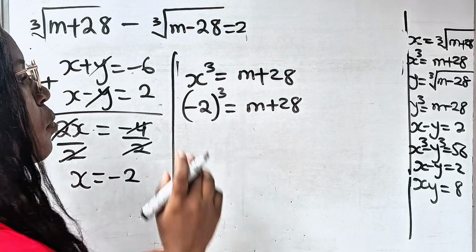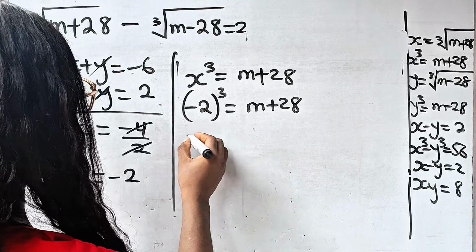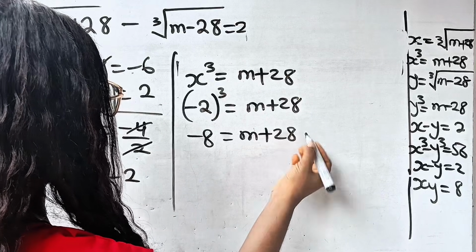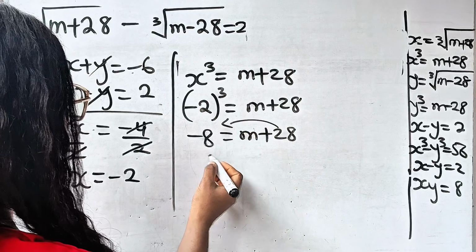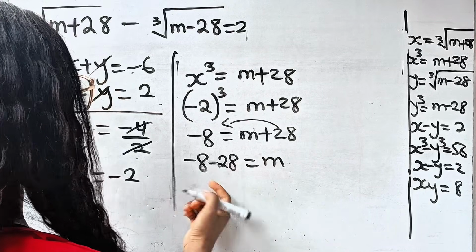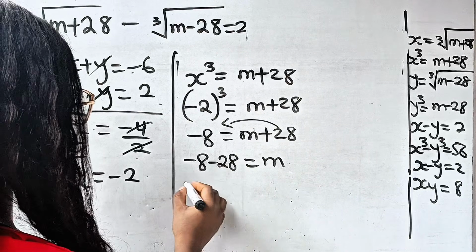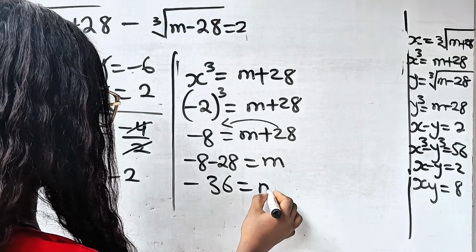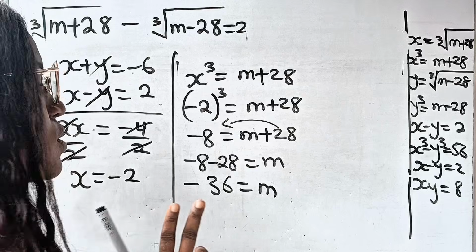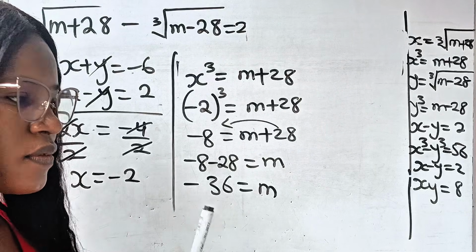Now negative 2 to the power of 3 will give us negative 8 is equal to m plus 28. Now this will come to this side, we have negative 8 minus 28 is equal to m. So minus 8 minus 28 is minus 36 is equal to m. So this shows that we have two values of m: m equals negative 36 and m equals positive 36.